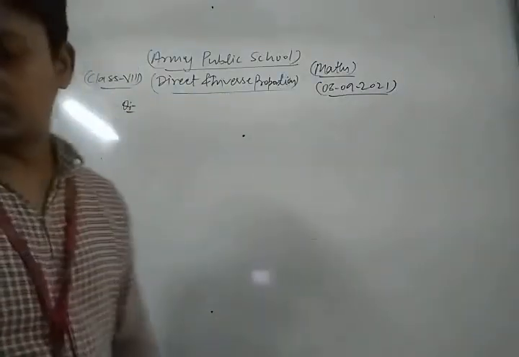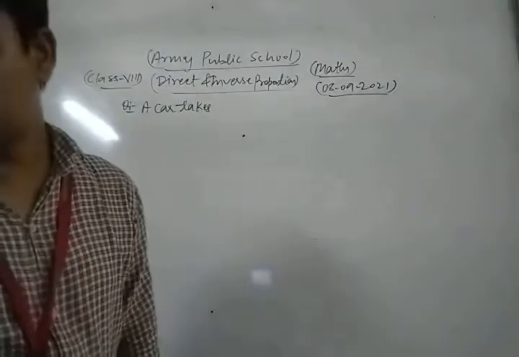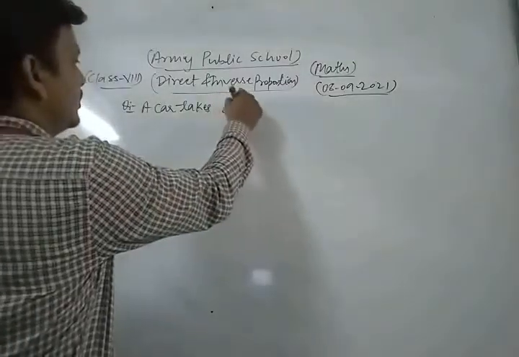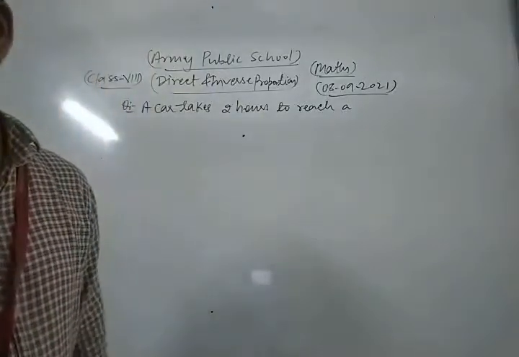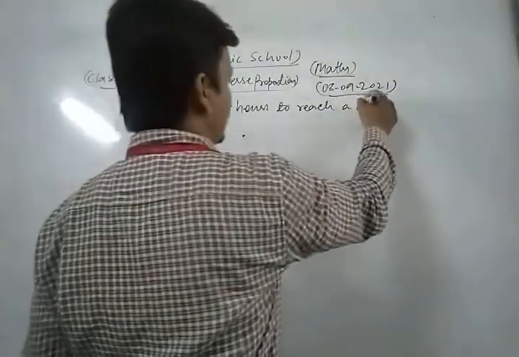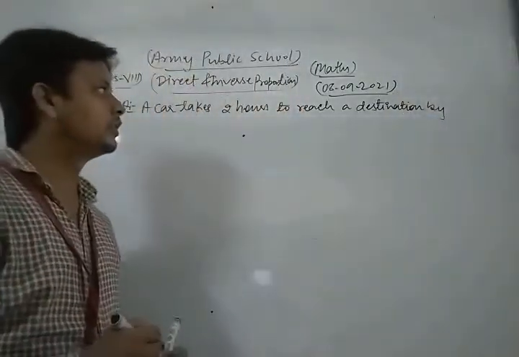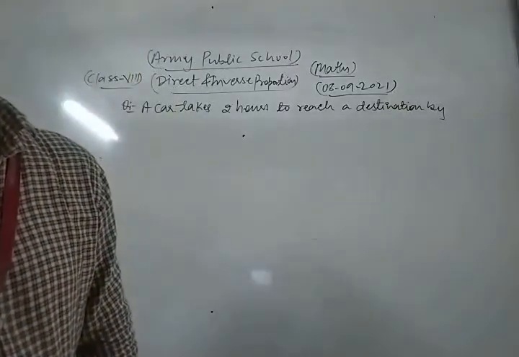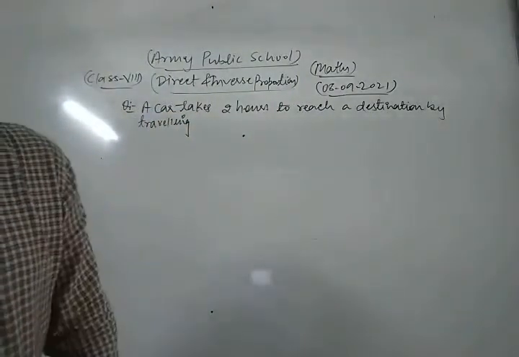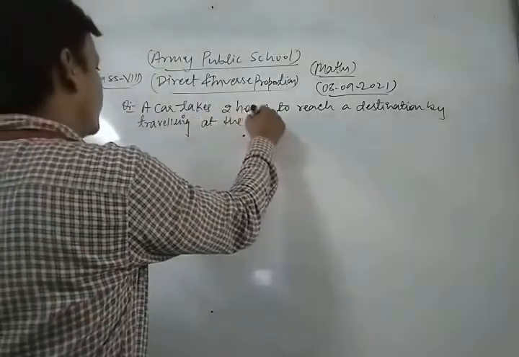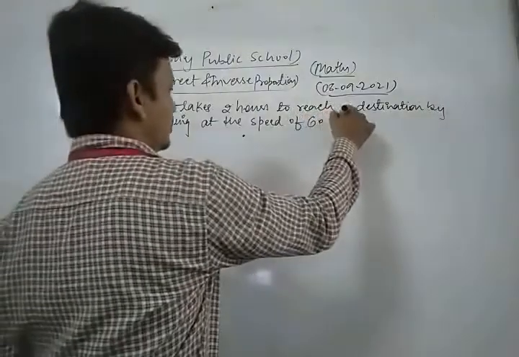And your question is: a car takes 2 hours to reach a destination by traveling at the speed of 60 km per hour.